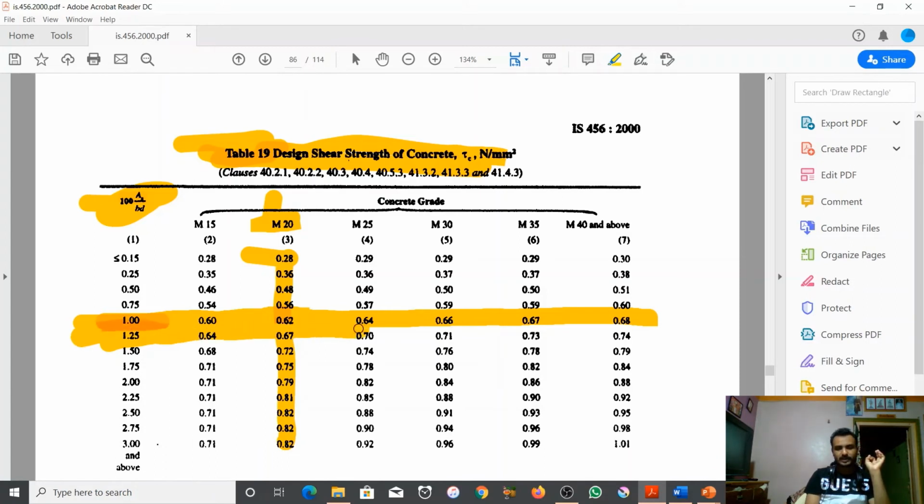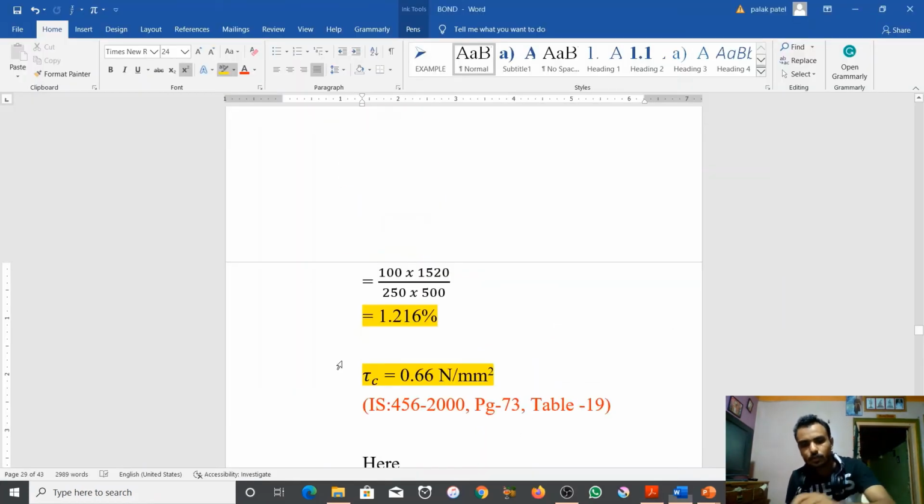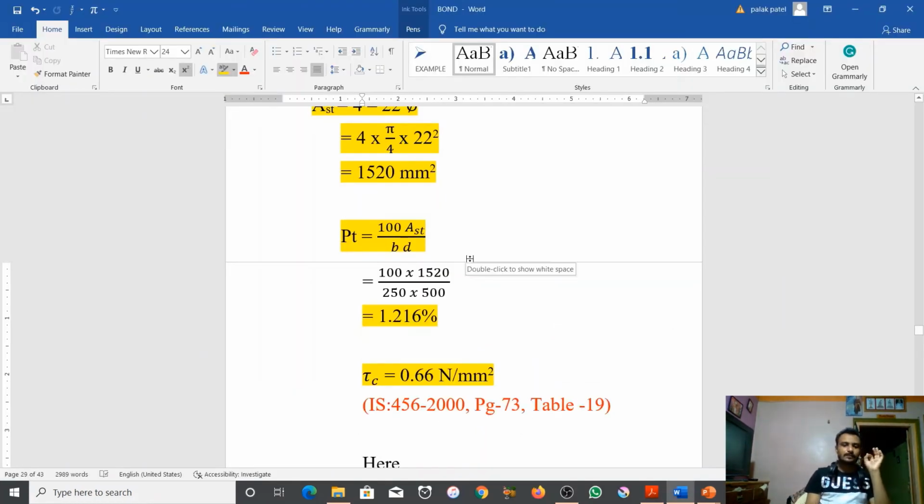Your value is in between two values, and the concrete grade is M20, so the value is 0.62 or 0.67. In between these two values, you can assume any value, so I assume tau C is 0.66 Newton per mm square.